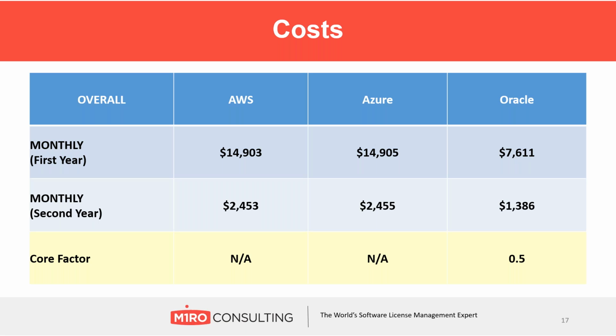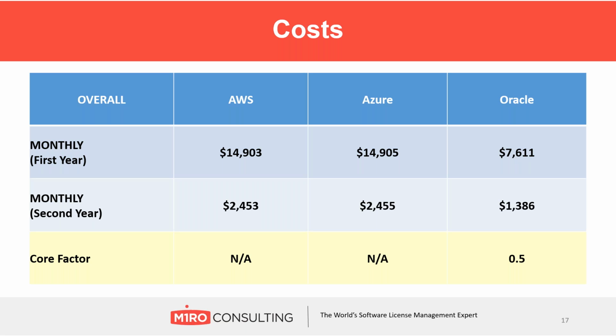Okay. New licenses, shown in the very first detail line there, are $15,000 per month for both AWS and Azure. That's inclusive of that cloud environment.